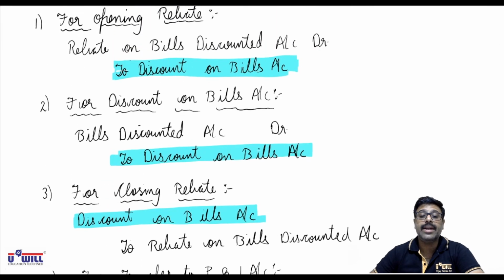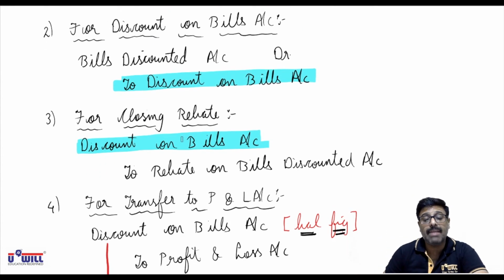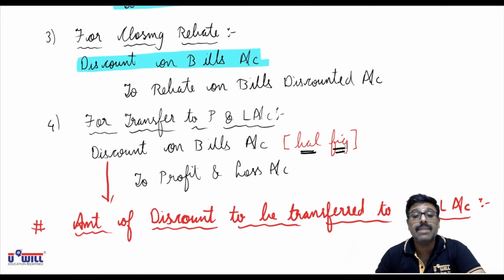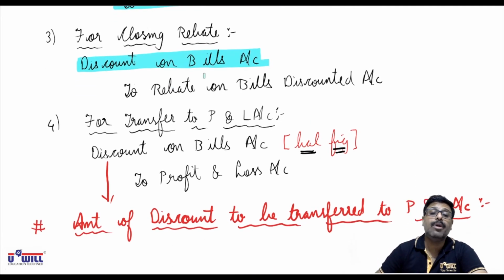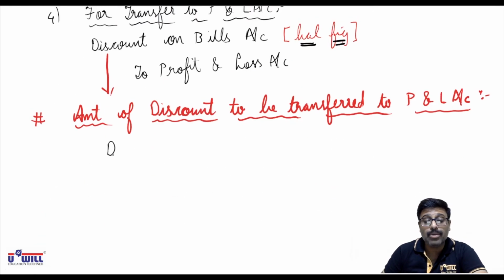So the credit amount of the first entry, opening rebate, plus the credit amount of the second entry, discount on bills of the current year, minus the closing rebate debit amount in the third journal entry will be the balancing figure remaining in the ledger account. That amount we have to transfer to P&L account. So how will you find that mathematically?